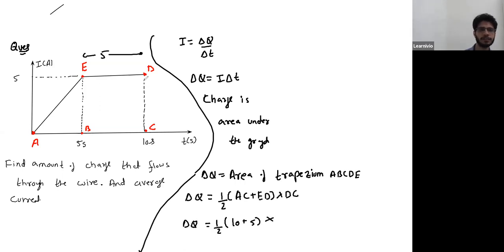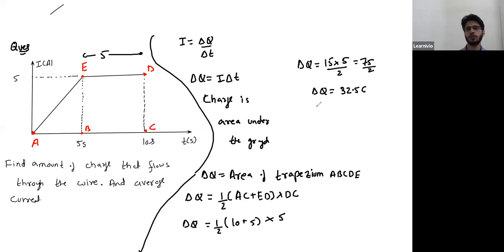Multiplied by DC, which is again equal to 5. So delta Q is 15 into 5 by 2. That's 75 by 2, which is 32.5.